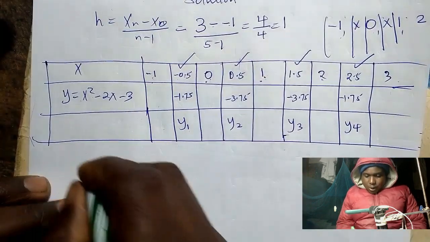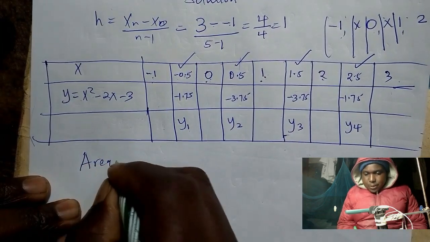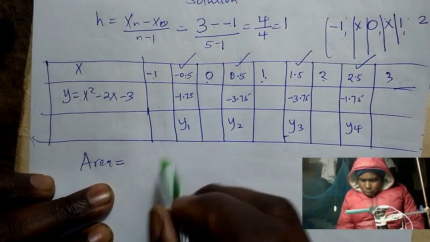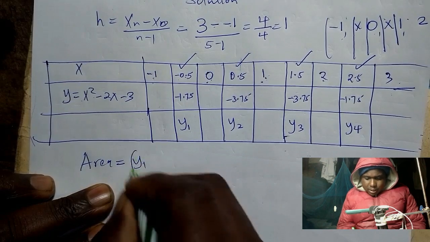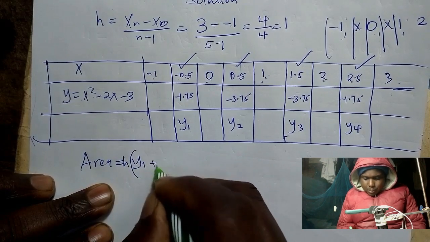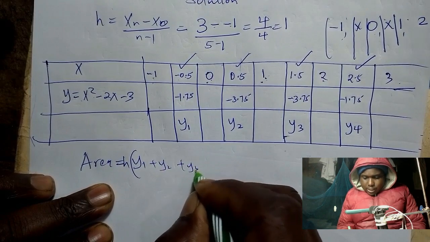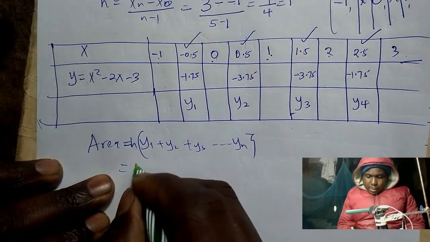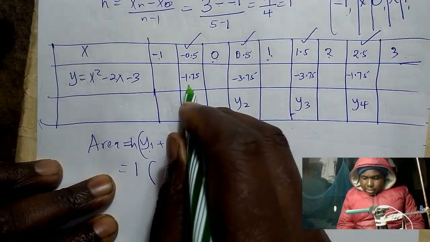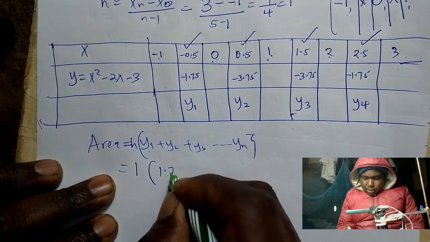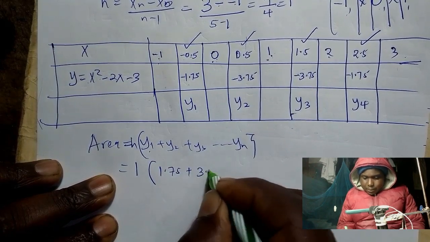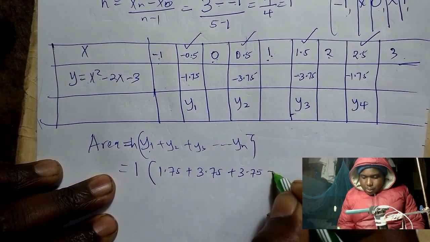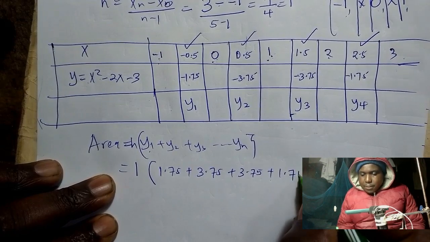The next now, area is equal to h into y1 plus y2 plus y3 all the way to yn, mahali inaishia. So our h is 1 into, negative assume, that is 1.75 plus 3.75 plus 3.75 plus 1.75.